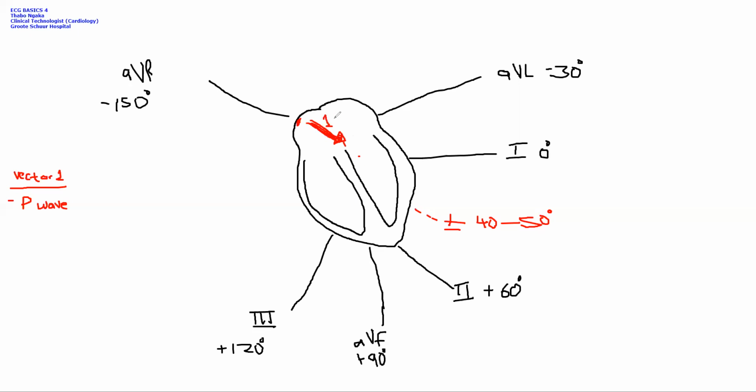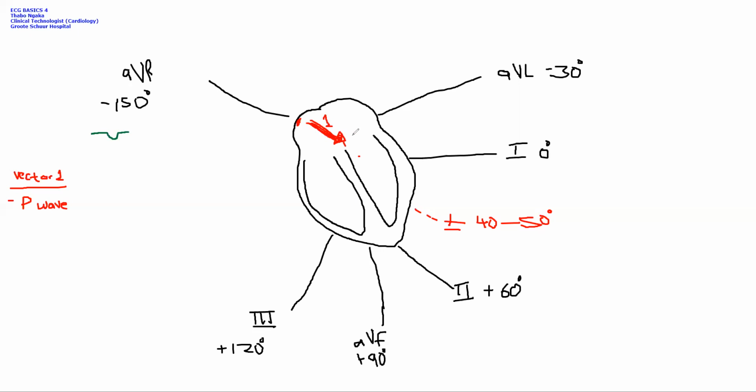Therefore, if you look at vector 1, it's going away from lead AVR. Therefore, in a normal ECG, when you look at AVR, you should see a negative P wave, provided that the rhythm is sinus in origin.